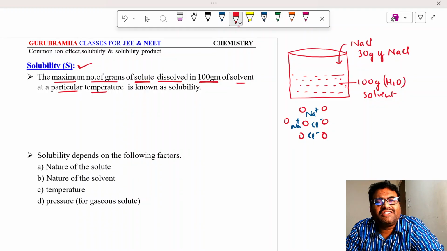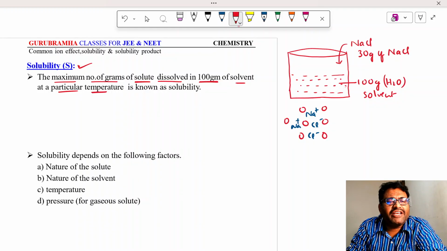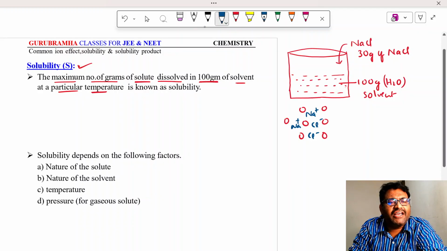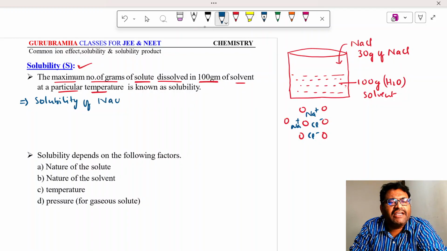Are you getting that? So now if I say solubility of NaCl is equal to 30, what does that mean?